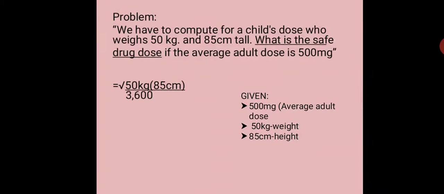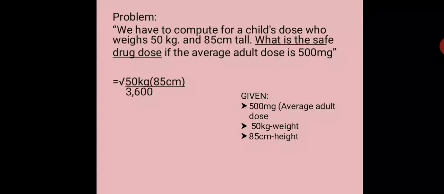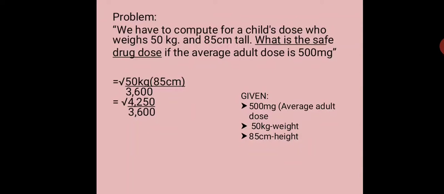By following the formula, the square root of 50 kilograms times 85 divided by 3,600. First, we multiply the height and the weight, 50 kilograms and 85 centimeters, and we came up with 4,250.